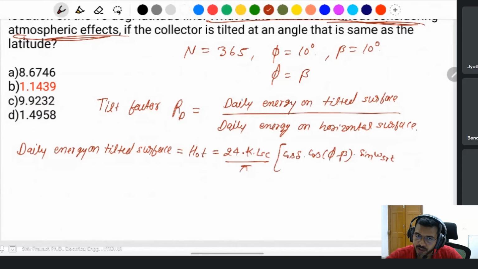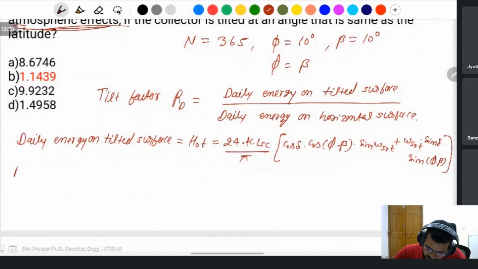Same thing for the daily energy on the horizontal plane surface.